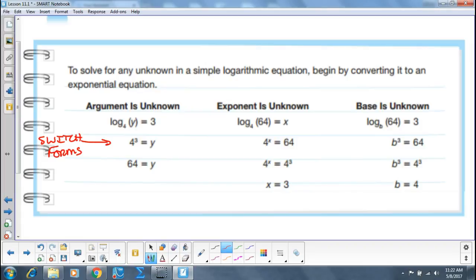If the exponent is unknown, the first thing that you do is you switch forms. So you first switch forms. Then you get equal bases.